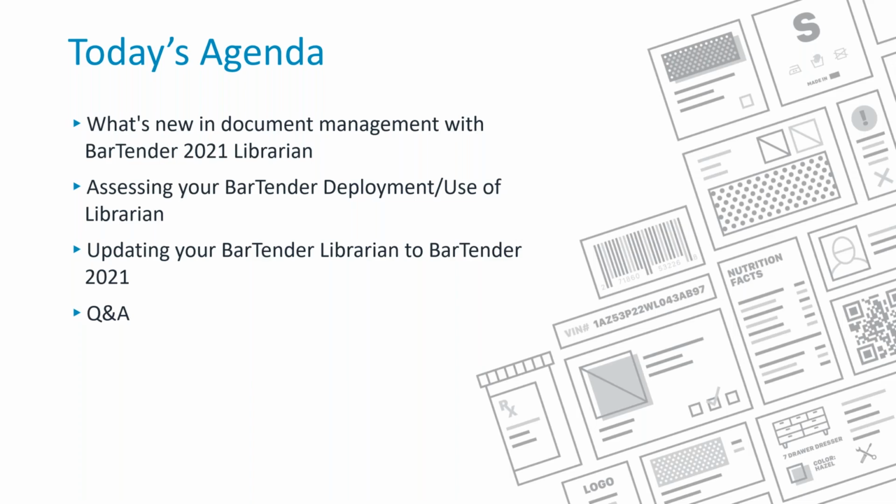We'll then take a look at a typical user installation and assessing a current Librarian installation. And then we'll cover best practices and tips for updating Librarian as you update to BarTender 2021. And as Stacy mentioned, we will answer as many questions as we can with our remaining time.